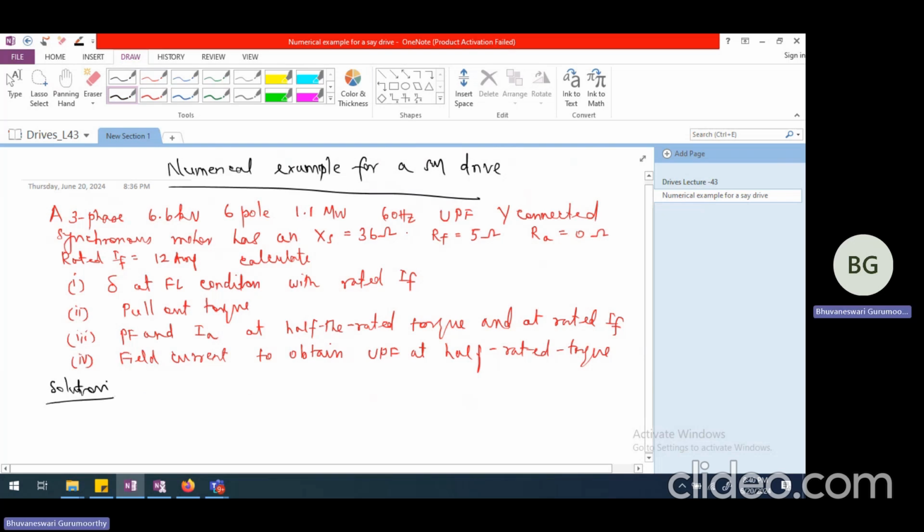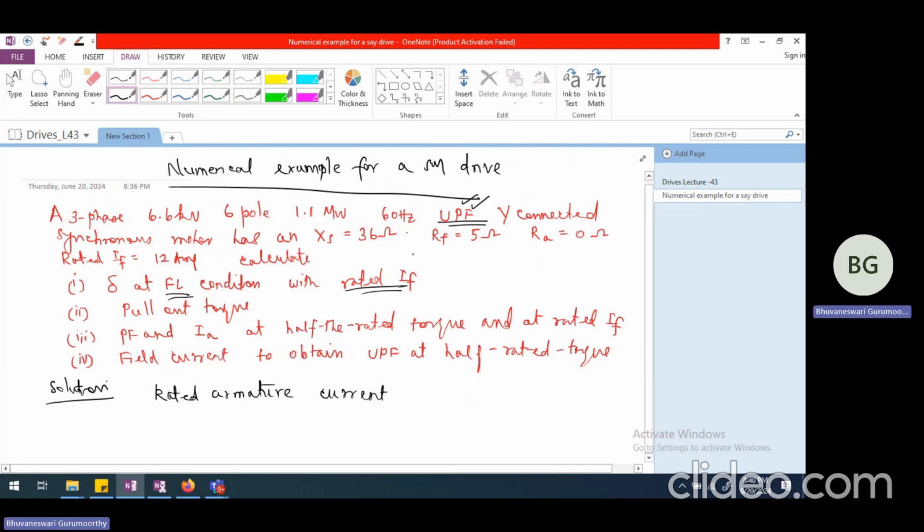First of all, I think it is very important to calculate the rated armature current. This problem says the machine is at unity power factor condition. That means whenever we talk about rated IF and full load condition, the machine is at unity power factor.